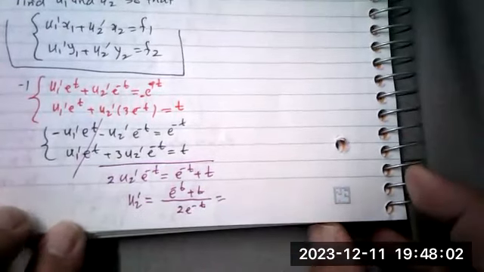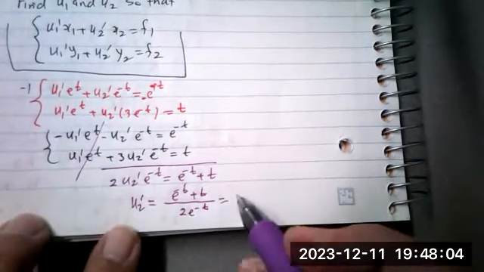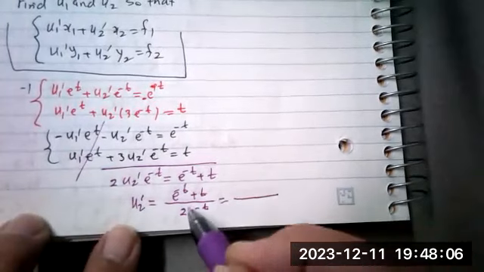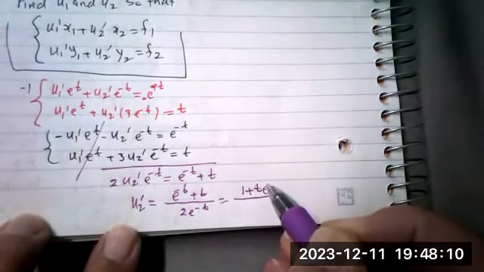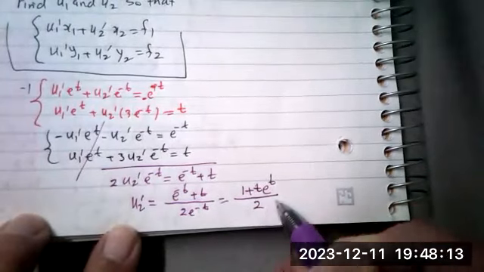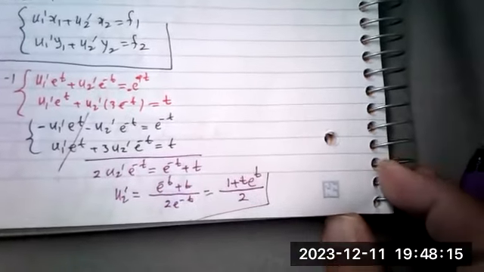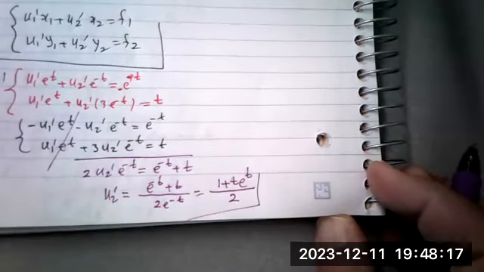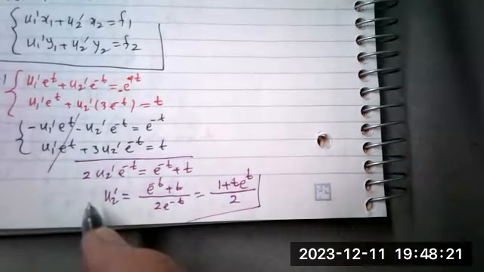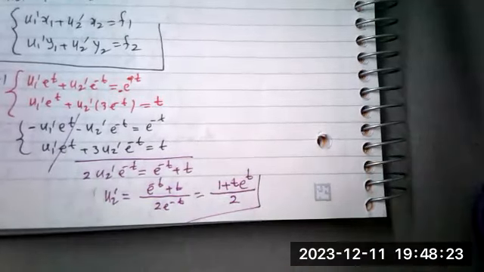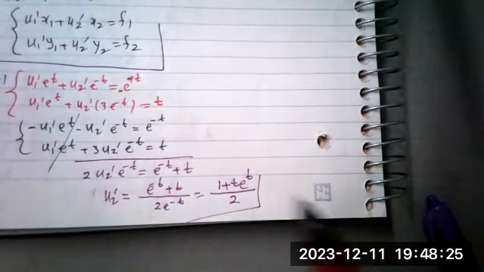We can move the e to the negative t to the top to simplify it. So that gives you 1 plus t e to the t divided by 2. So that gives you u2 prime, and you can easily integrate it to get the result right away. Okay, so that's u2 prime. You go back, substitute, or just go back and do the system again.